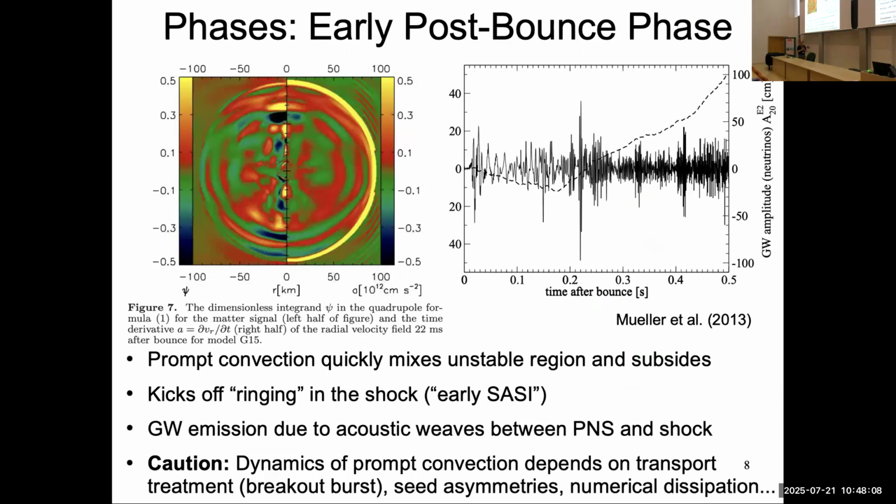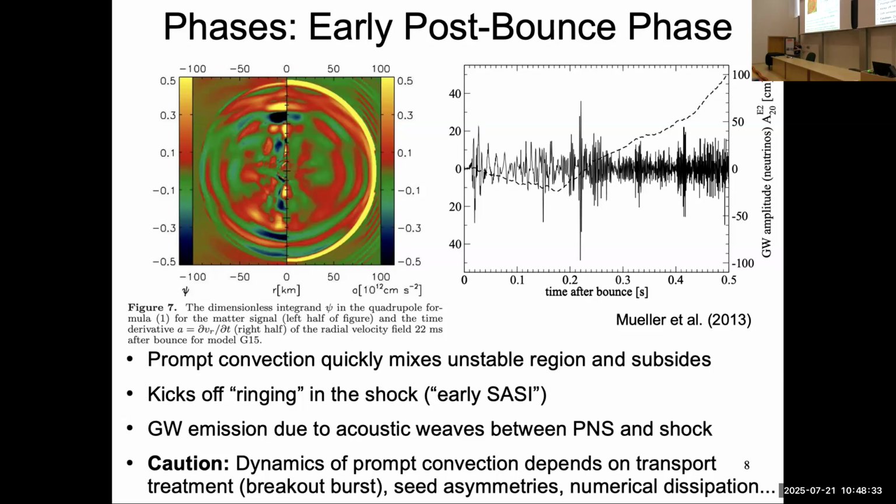Now into the individual gravitational wave features of the predicted signals. As I said, the first instance that for non-rotating collapse we will see some non-spherical flow is the prompt convective overturn. The prompt convective overturn is sometimes reflected in the gravitational wave signal.